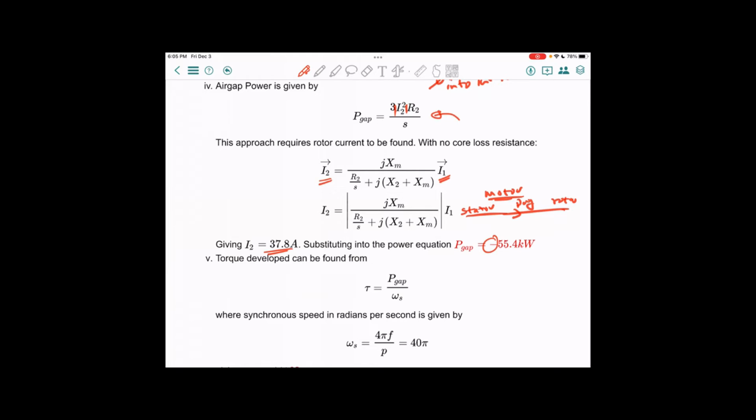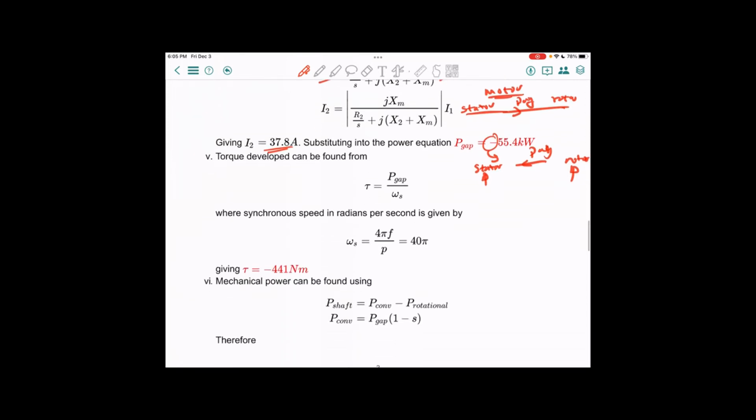Here, it's a negative sign, and that's why it's changing direction. It's now going from the rotor side to the stator side. And that's how a generator works. The input power is the mechanical power going to the rotor, and the output power is taken from the stator as electricity. Okay, guys? So that's why the air gap power is negative now, because you're talking about a generator mode, not a motor mode.